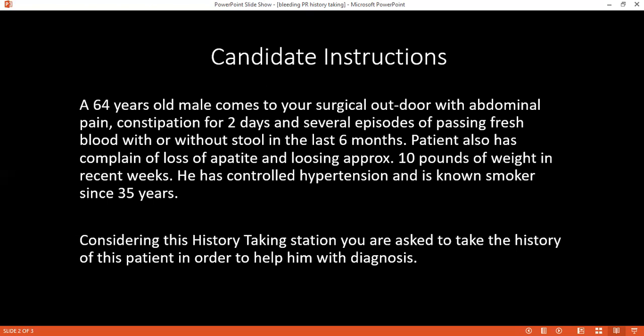Yes, I use medication, but I don't know the name exactly. Okay. Any other problem? No, doctor. Okay. And how many cigarettes do you smoke? About 5 to 6 packs per day. Any other habits, like alcohol? Yes, I drink alcohol occasionally.